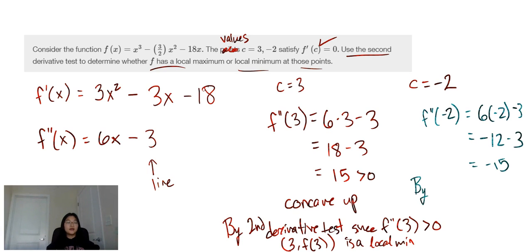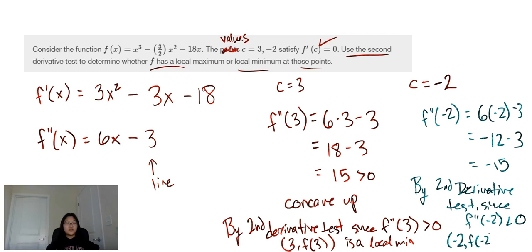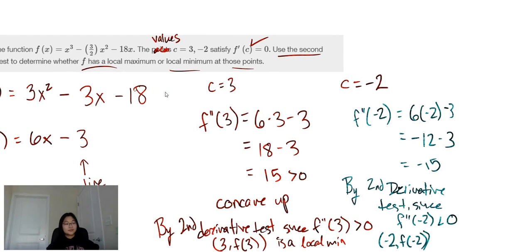So by the second derivative test, since f double prime at negative 2 is less than 0, the point negative 2 comma f of negative 2 is a local, wait, it was negative, right? So concave down, so local max.